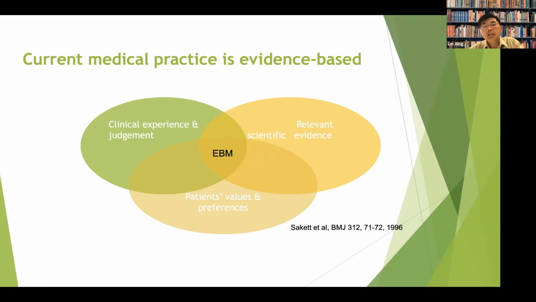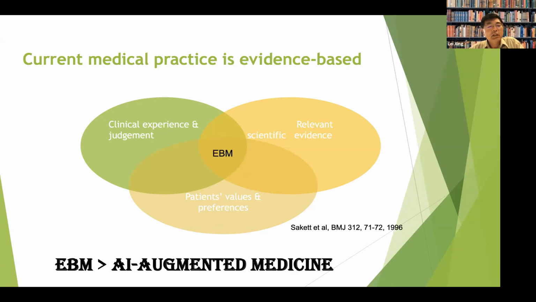If you're just looking at one disease, let's say you get maybe 1,000 publications, but sometimes they don't necessarily agree with each other, right? And patient value and preference. So this is where we are, and it's only in this overlap region that the patient is going to be diagnosed, treated, and managed, right? So our goal is really to change evidence-based medicine to AI-augmented medicine. And that's where we're heading.